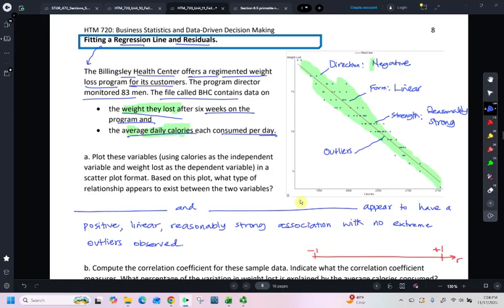And for outliers, I would say no outliers.